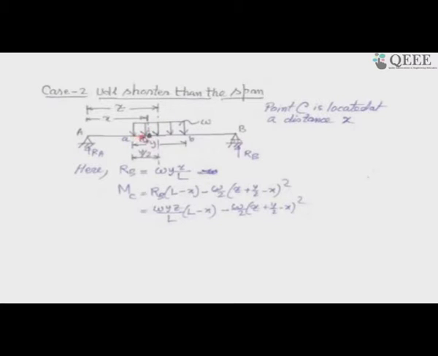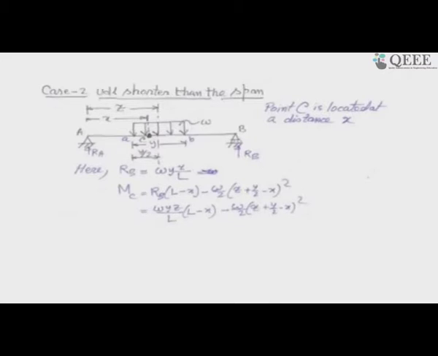So, a c divided by c b will be the same ratio as the load portion on the left divided by the load portion on the right. That is how it will have the maximum effect. So, for a UDL shorter than the span, the bending moment at the section will be maximum.